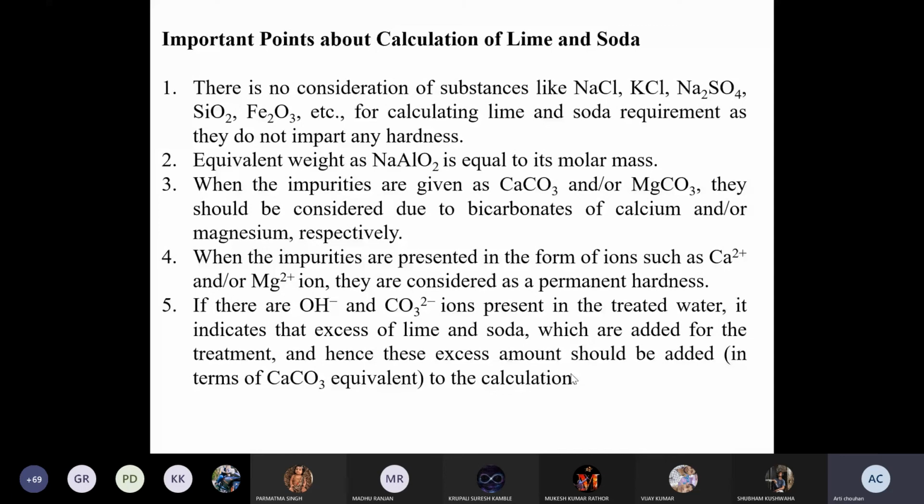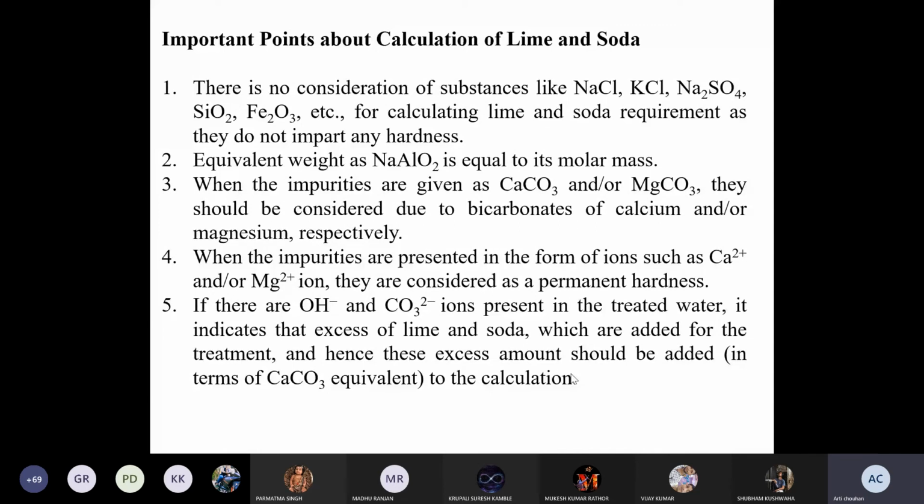When you calculate, you should not add it, because they are not imparting any type of hardness and they are not going to consume the lime and soda. They do not have any chemical reaction in the lime and soda softening process.